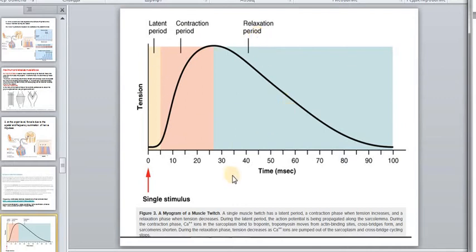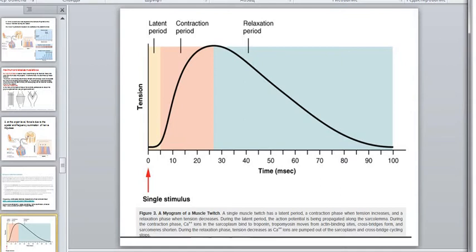The first phase is the latent period, during which the action potential is being propagated along the sarcolemma and calcium ions are released from the sarcoplasmic reticulum. This is the phase during which excitation and contraction are being coupled, but contraction has yet to occur.